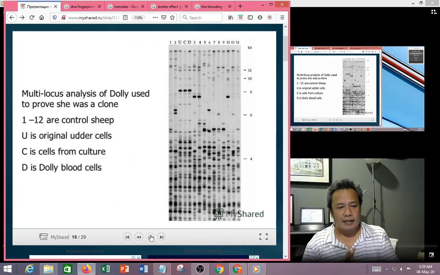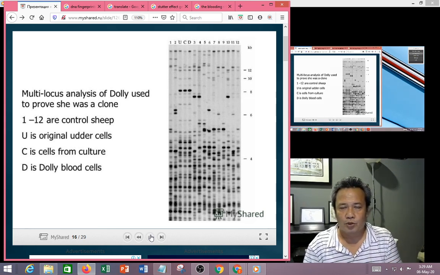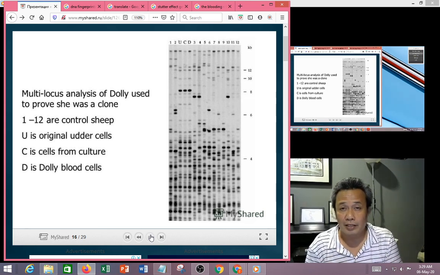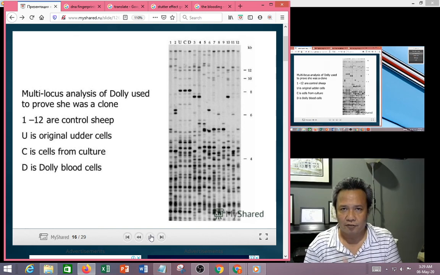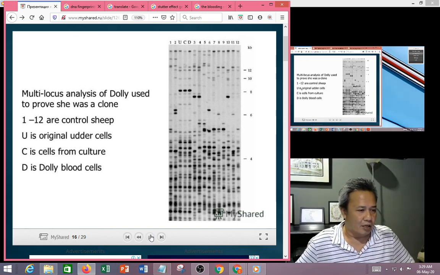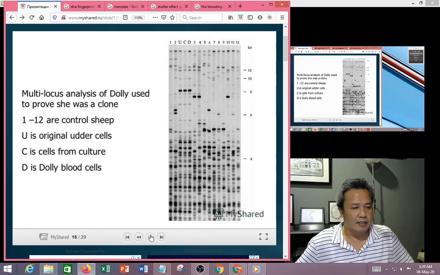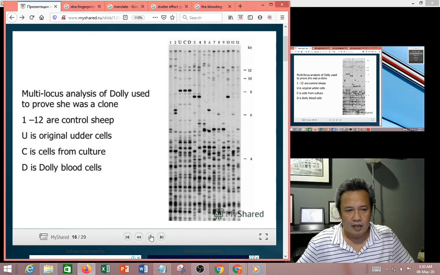This slide says that they want to show, you remember Dolly, the sheep that they cloned. They want to show that the clone is indeed from the original parent. They did fingerprinting. So these are the other cells. This is from the cell culture. This is from Dolly. So they find that from other cells, cell culture, and Dolly, they have the same pattern, and these are all different sheep.